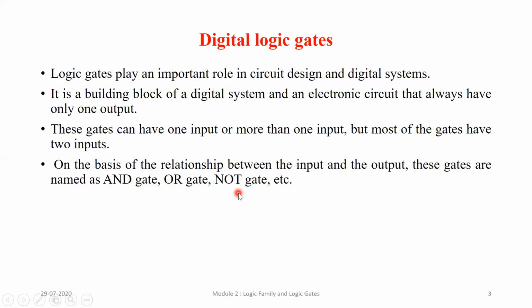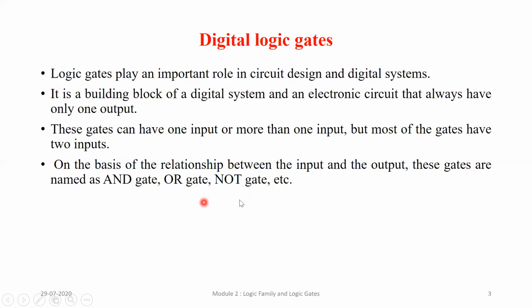Now, what are these gates? Gates are digital circuits where you give some combination of input and you get some combination of output. So we call it a gate. Gate means somebody comes inside and somebody goes outside, so it is allowing entry and exit. That's why the name gate is there.